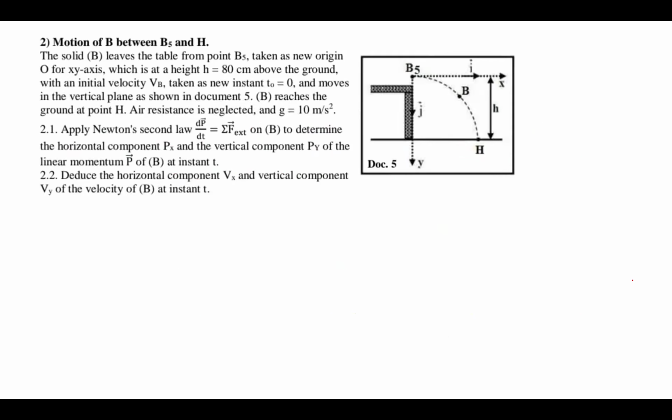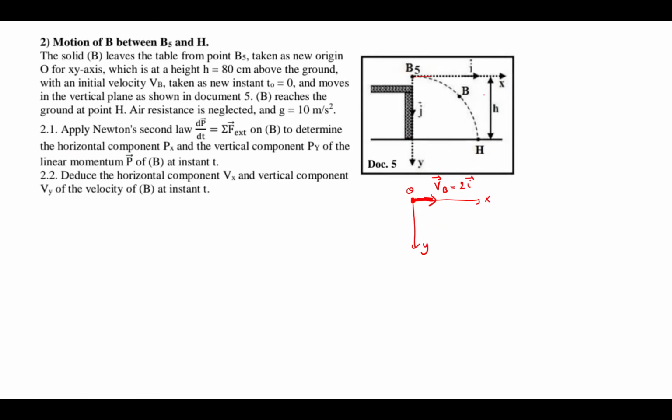Now, let's continue to the last part. B now leaves the table from point B5 taken as new origin of axis. So now we have to pay attention. This is the x-axis, this is the y-axis, and here is the origin. So the object started from here with the velocity VB, which we found is 2, which means it's 2i.